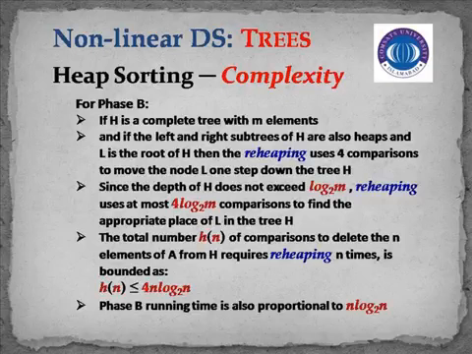For phase B, dear listeners, if H is a complete tree with m elements, and if the left and right subtrees of H are also heaps, and L is the root of H, then the reheaping uses 4 comparisons to move the node L one step down the tree H. Since the depth of H does not exceed log m, reheaping uses at most 4 log m comparisons to find the appropriate place of L in the tree H. The total number of comparisons H(n), which requires n times reheaping to delete the n elements of A from H, is bounded as H(n) ≤ 4n log n.